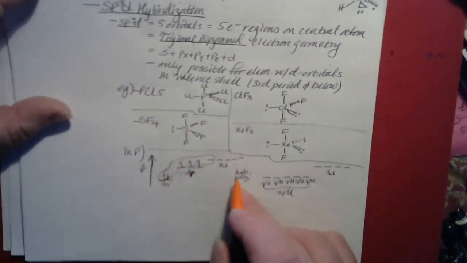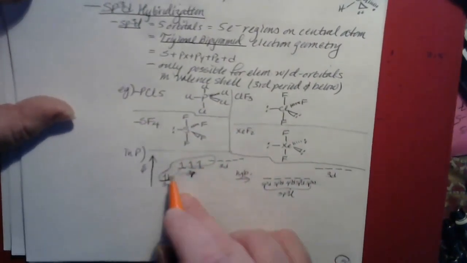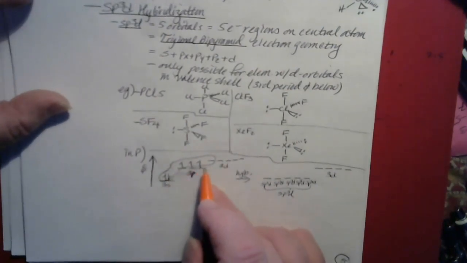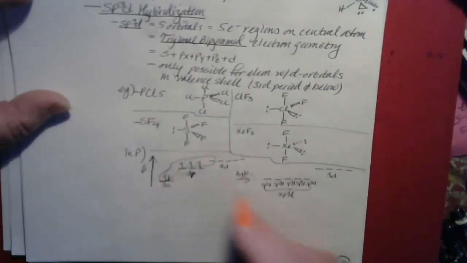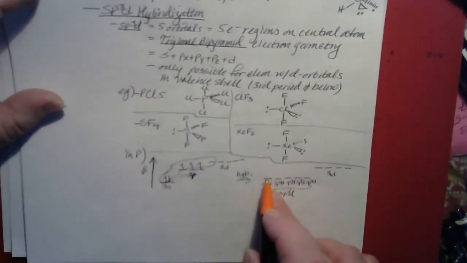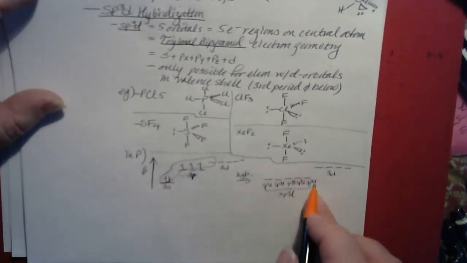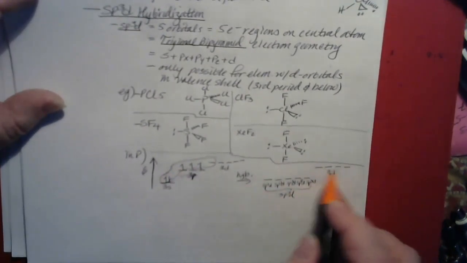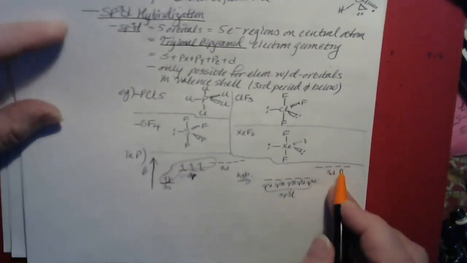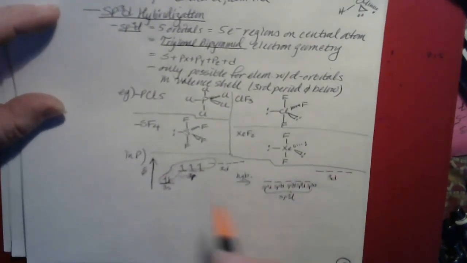Okay, and the hybridization involves the s orbital and all 3 of the p orbitals and 1 of the d orbitals. And so you get 1, 2, 3, 4, 5 sp3d hybrid orbitals, all of the same energy. But you've also got 4 of the 5 d orbitals that have not hybridized, and they're still there.